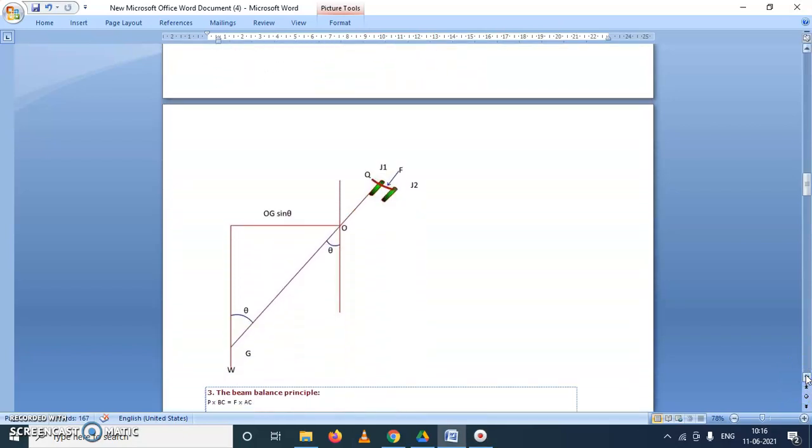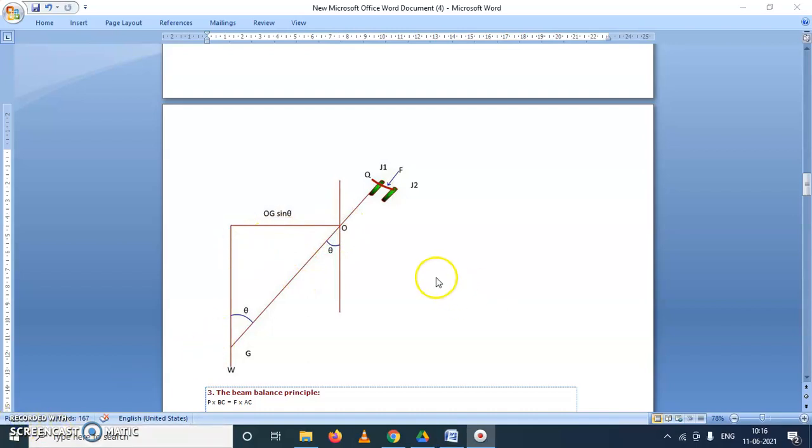We can understand this more clearly according to this diagram. Now this is the pendulum, and this is the specimen, jaw 1, jaw 2, and this is the force developed inside the specimen. This distance OG, and this angle theta, and we can see that F will be directly proportional to OG upon OQ into W, that is the weight of the pendulum, into sine theta.